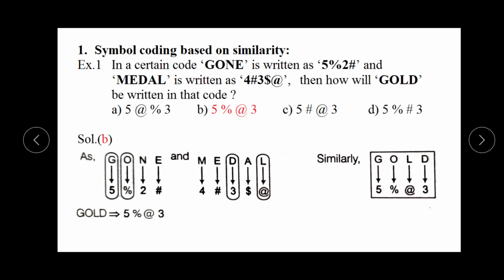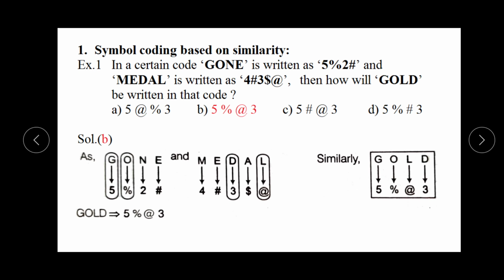Because first we have to find out the code for the required word. The letters of the question word we will first find in the given words, gone and medal. If they are not in gone and medal, then it can be a different word.